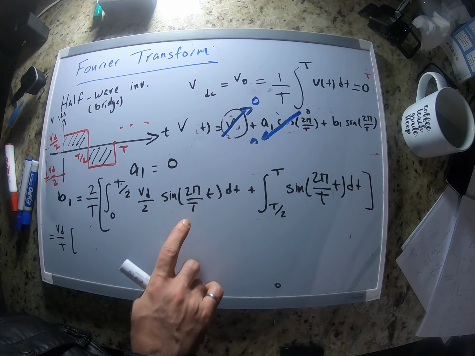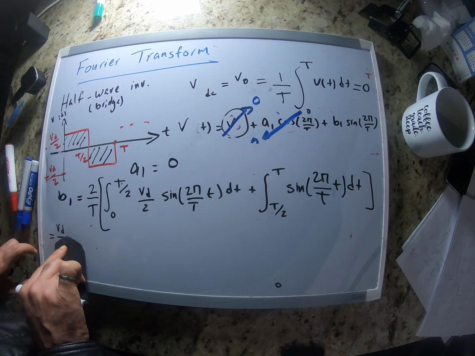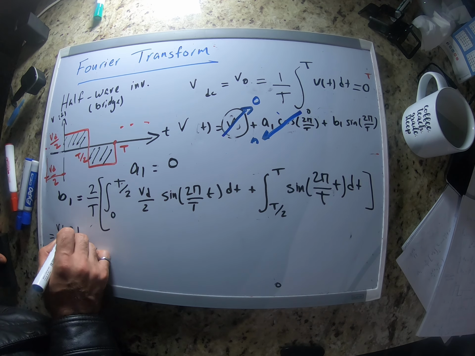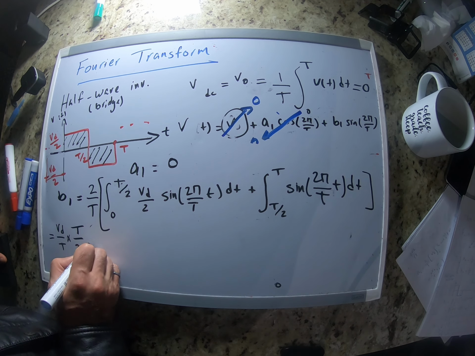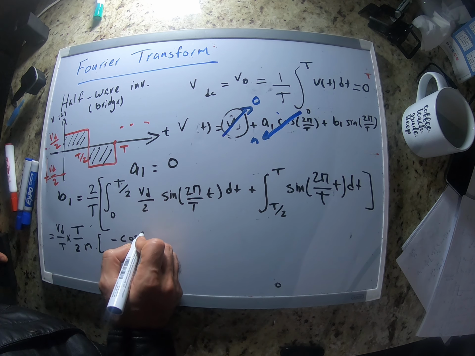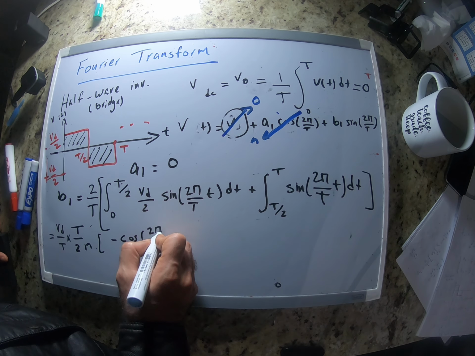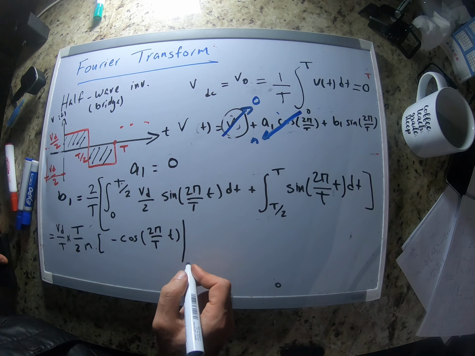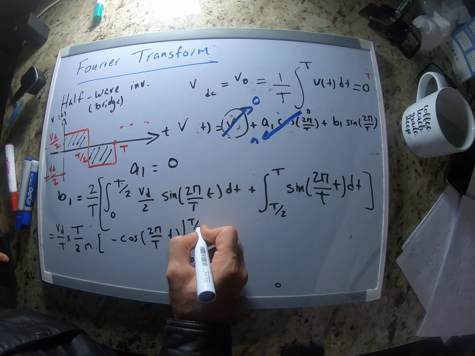There's a coefficient here, I'll take that one out. So it becomes Vd over T times T over 2 pi, negative cosine of 2 pi over T times t when t changes from 0 to T over 2.